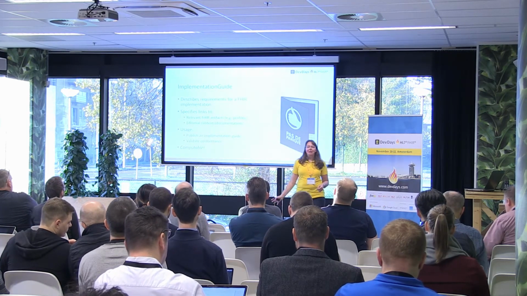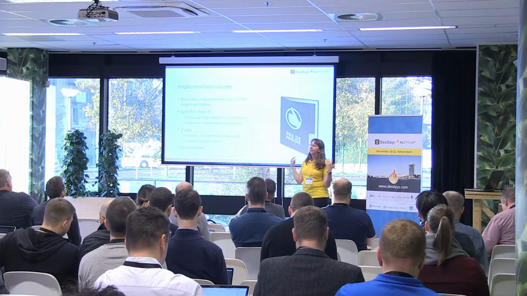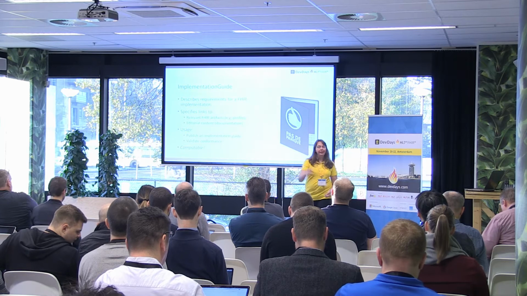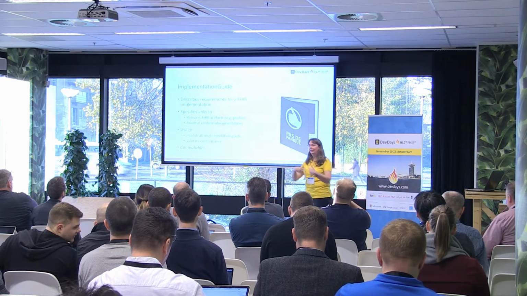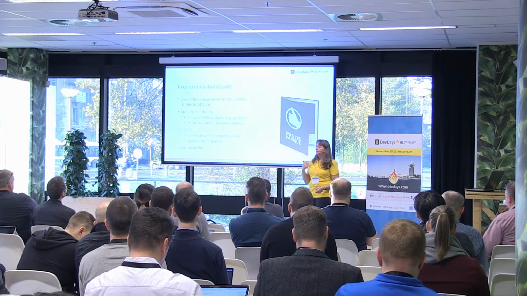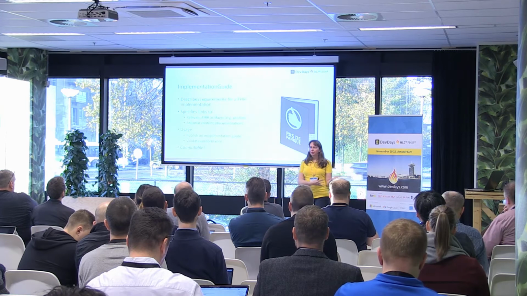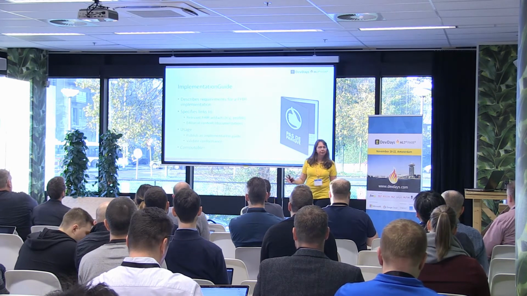I mentioned implementation guides. An implementation guide can just be a document describing your use case, describing all of the extras that you've added to the FHIR specification or the constraints that you've made. And you can just do that on your own website or in a document, create a PDF out of it, whatever you want.